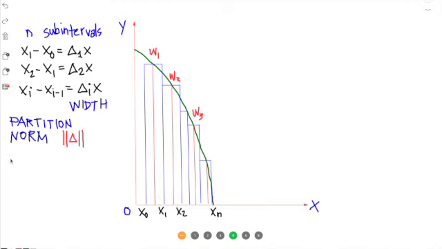So for the length, we have a function of w sub i.